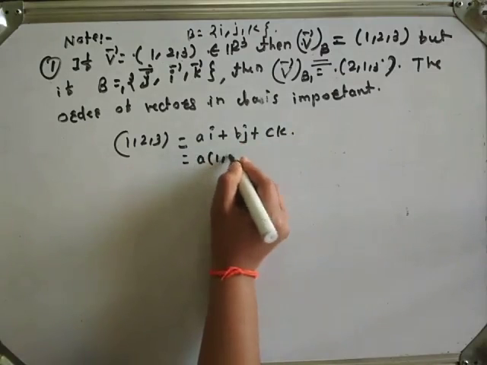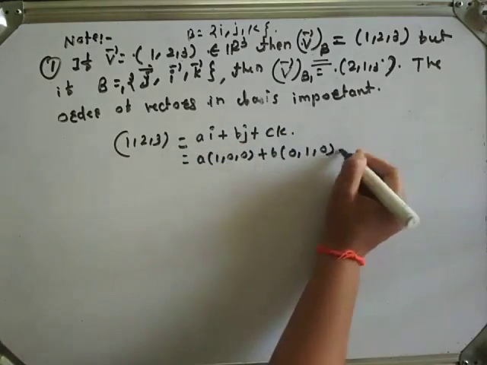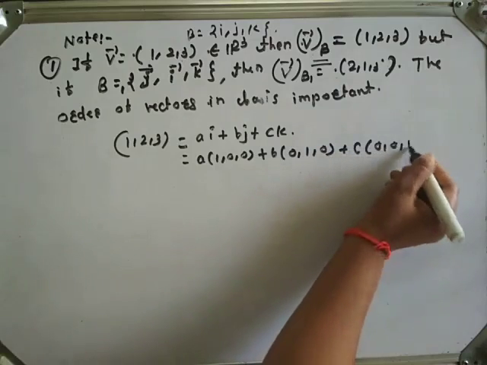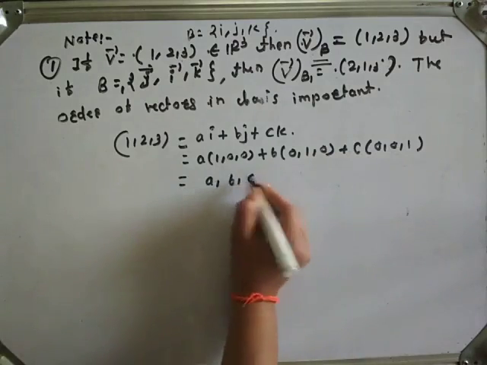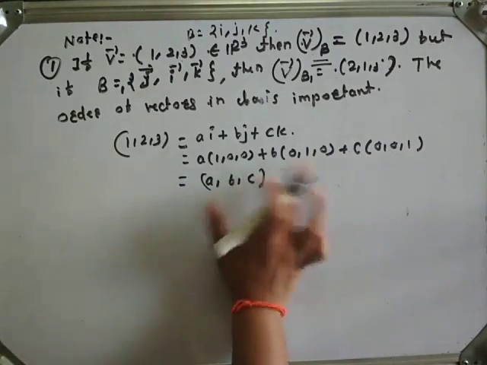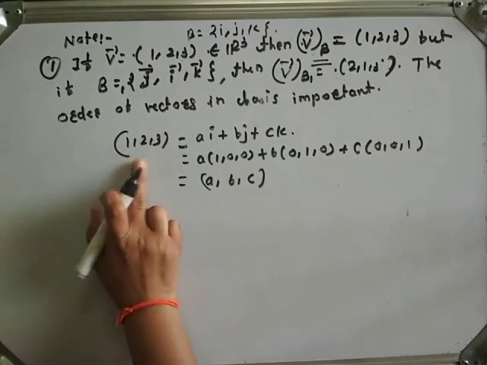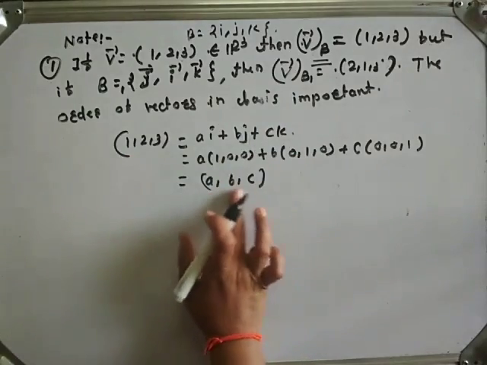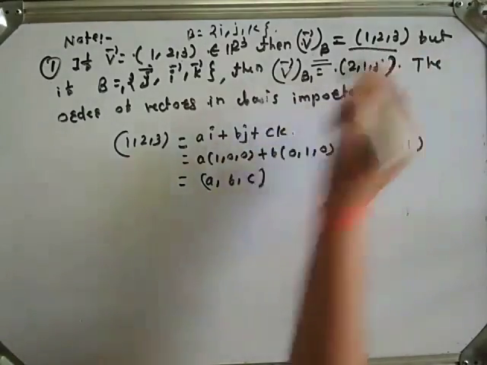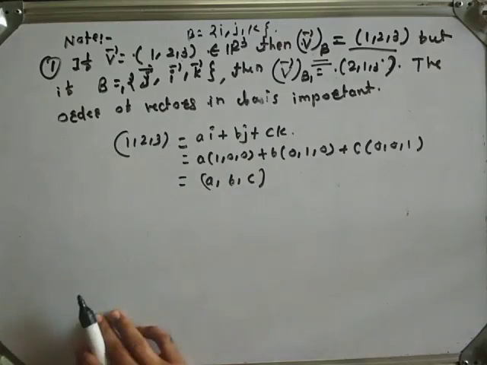I is nothing but (1, 0, 0) plus B is nothing but (0, 1, 0) plus C is nothing but (0, 0, 1). So this is nothing but (A, B, C). If you take component wise addition, the coordinate vector of (1, 2, 3) relative to the basis I, J, K is (A, B, C). Means what? You will get A equals 1, B equals 2 and C equals 3.